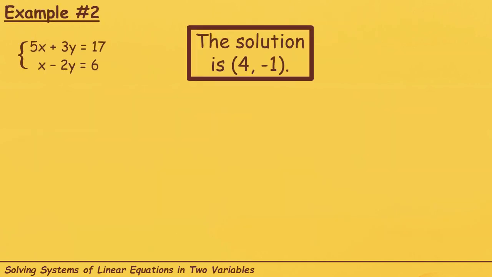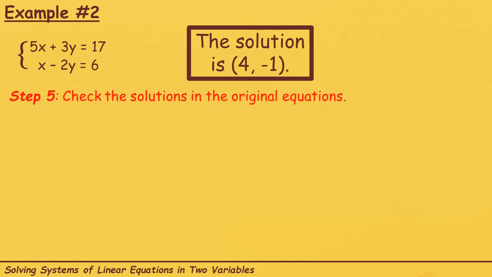Let us find out if the solution is correct. Okay, check the solutions in the original equations. So the same process, dapat ay mag-equal sa bandang dulo yung dalawang equations. Okay, unahin natin sa equation 1. 5x plus 3y is equal to 17. We will just substitute the values of x and y here.